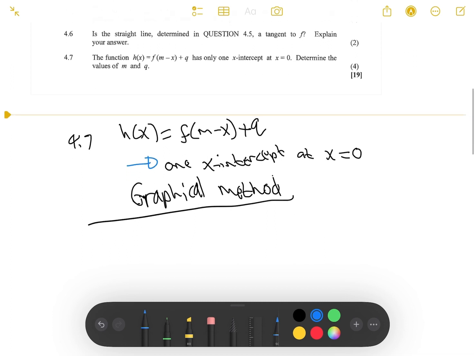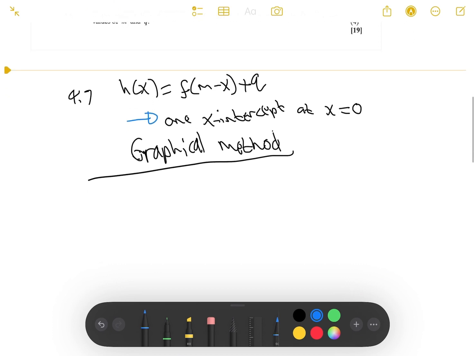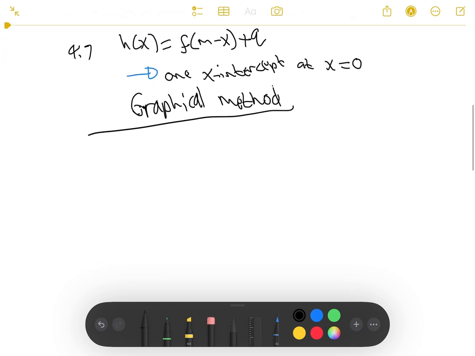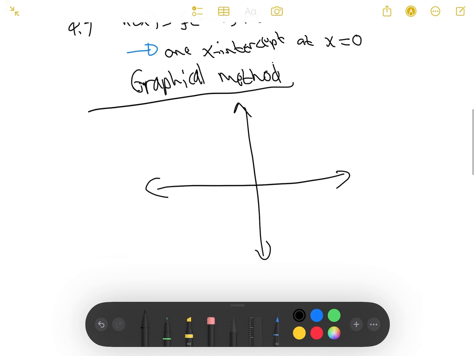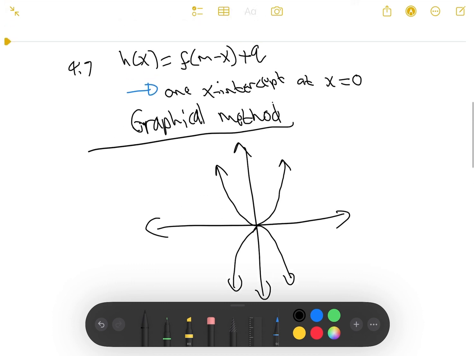First, in our graphical method, whichever way we solve this, the graph we'll end up with will look like this, or it will look like this. Why is that the case?